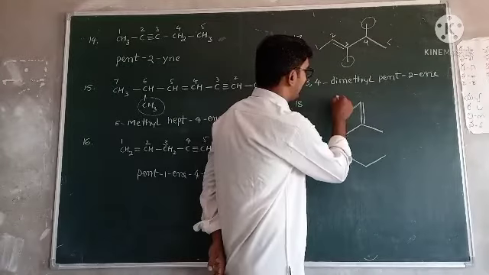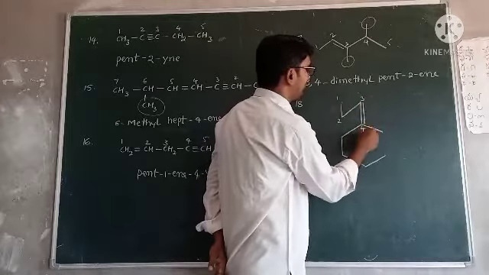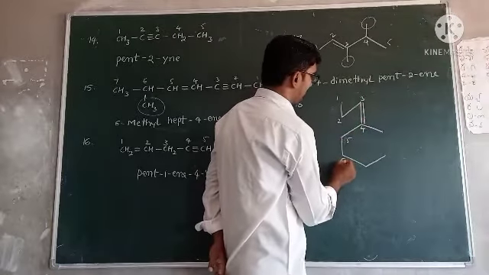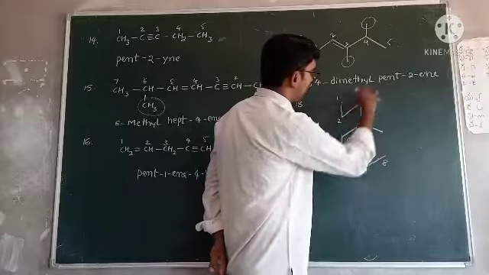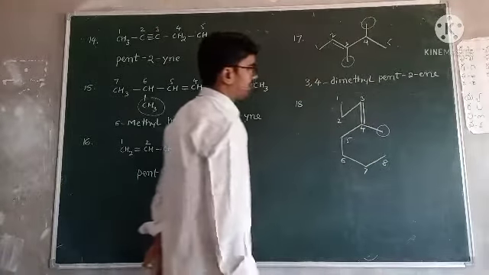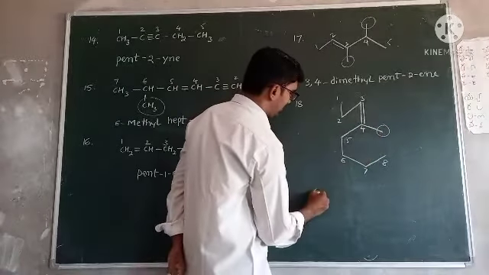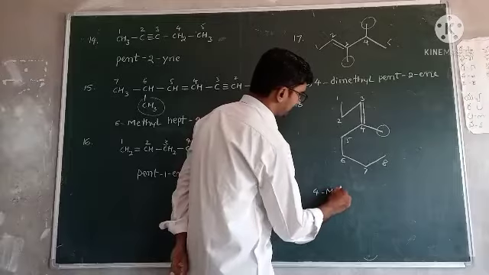So what is the correct numbering? 1, 2, 3 and 4. Between 3 and 4 double bond is present. 5, 6, 7, 8. This is the long chain along with multiple bond. This is the substitution. Now write the name. Substitution only one carbon is methyl at 4th position. 4-methyl.